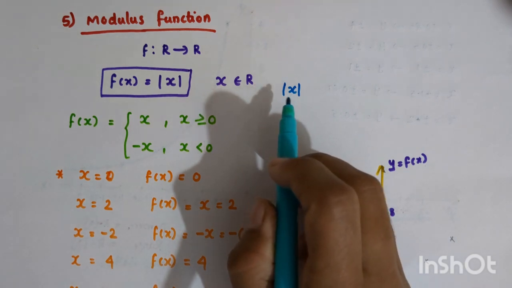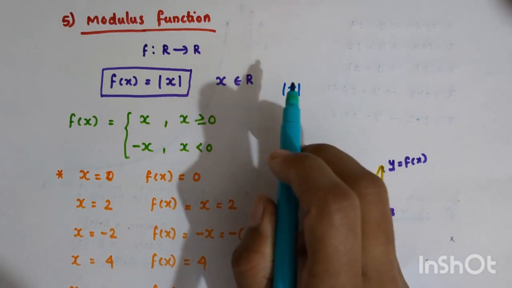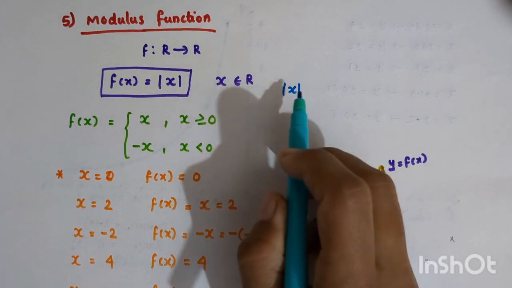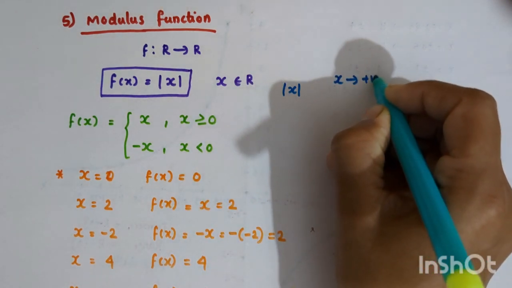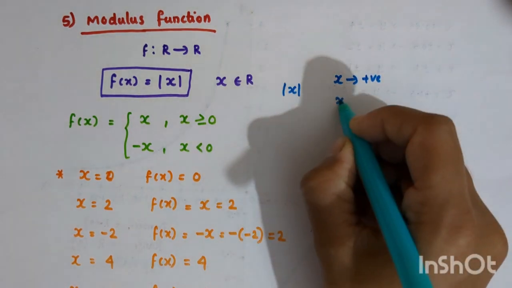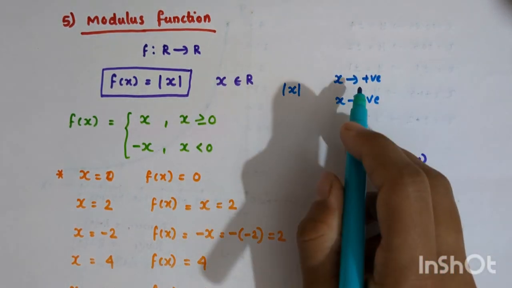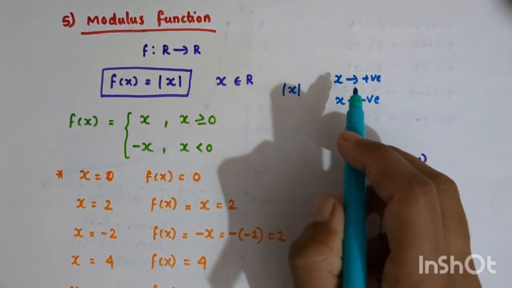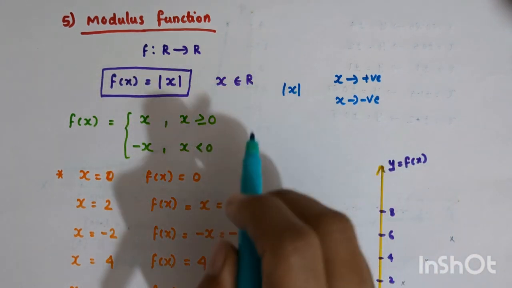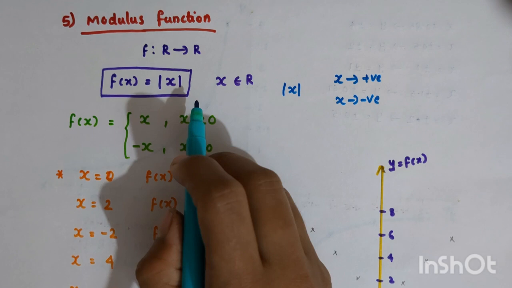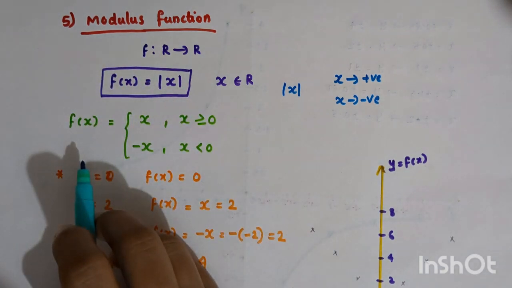That is, for both positive and negative values of x, the modulus of x will be positive. So both for positive and negative values, you will get f of x, which is mod x, as positive always. Such a function is called a modulus function.